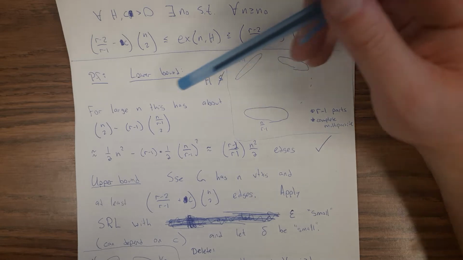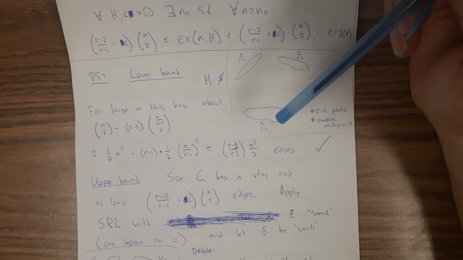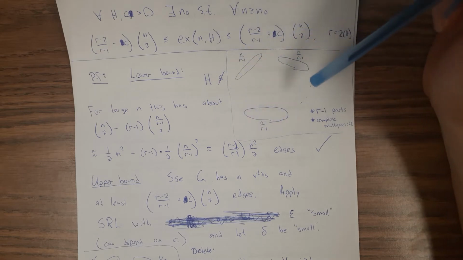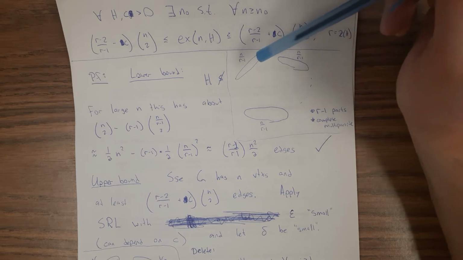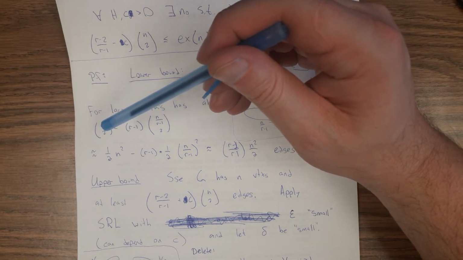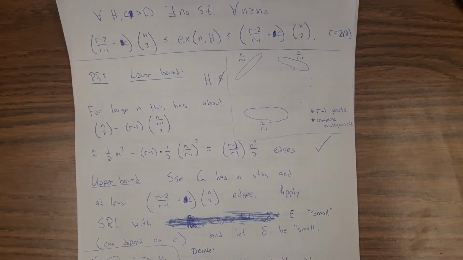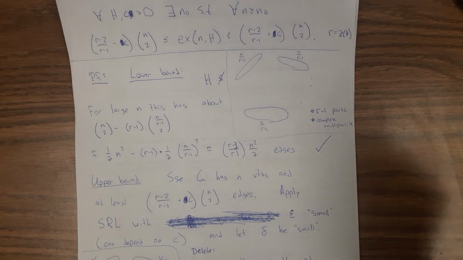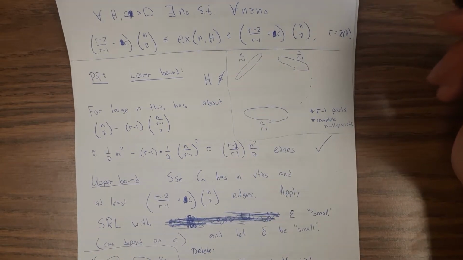If there's no rounding, the number of edges is about this. I have every edge possible except the edges within each bubble. So I took every edge possible, that's n choose 2, and then I subtracted the number of edges that would be in the bubbles. There are r minus 1 bubbles, and each one would have n over (r minus 1) choose 2.